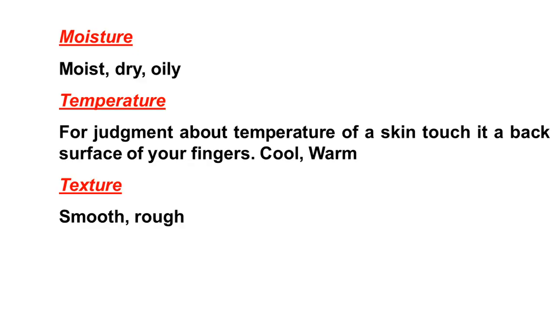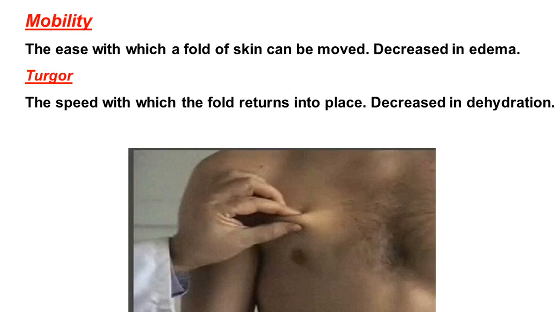After assessing the color of skin, you should assess moisture. Skin may be moist, dry, or oily. You should assess temperature. To judge the temperature of the skin, touch it with the back surface of the finger. Temperature may be cool or warm, and texture smooth or rough.